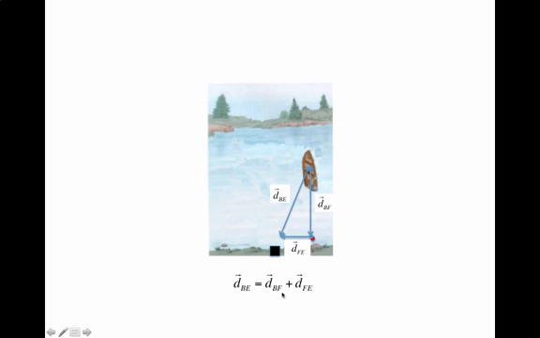So we wrote an equation down here that relates the displacement of the boat from the floating device, the displacement of the float from the Earth, and if we add those together, we get the displacement of the boat from the Earth.